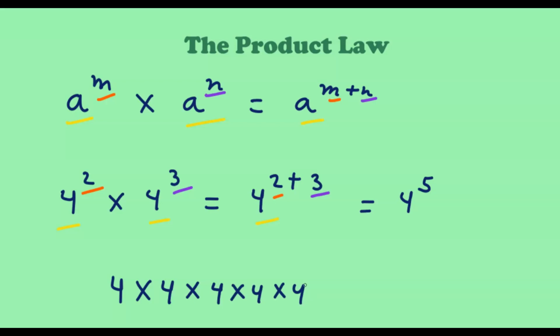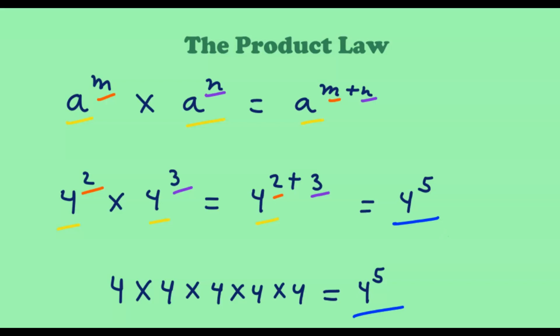So we can see that this is 4 multiplied by itself a total of 5 times. And so we end up with 4 to the power of 5. We end up with the same answer, so this is why the product law works.